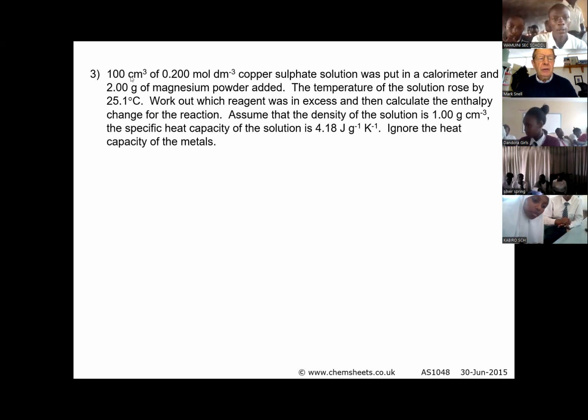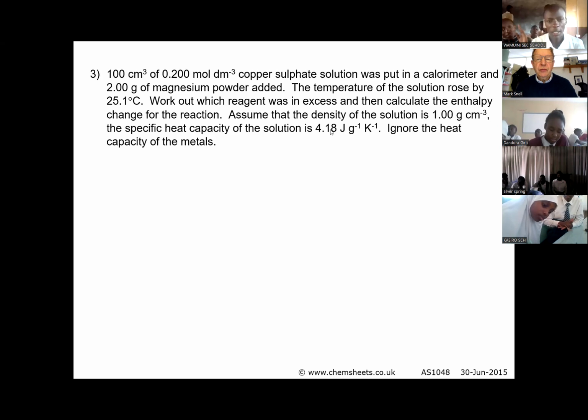So you have 100 cubic centimeters of copper sulfate solution. So we assume that the water is 100. Don't worry, we're not going to do it yet. Don't bother doing the calculation unless you want to. 100 of the water times 4.18 times 25.1.